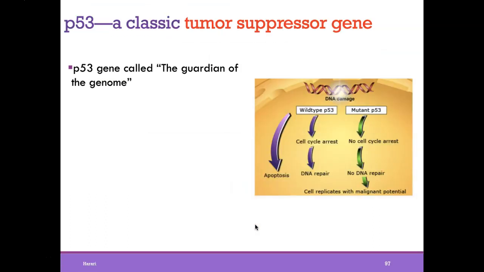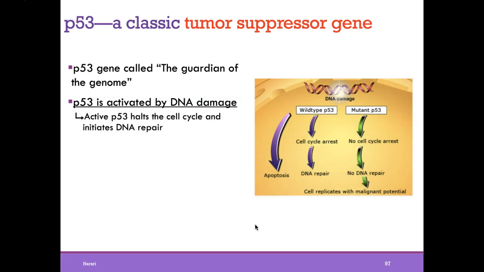P53 is the classic tumor suppressor gene. It is called the guardian of the genome, and it's that important. P53 is activated by DNA damage. This is a really cool phenomenon. Active P53 can then stop the cell cycle and initiate DNA repair.